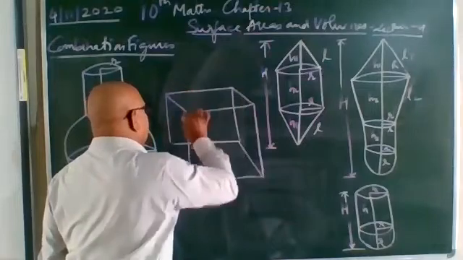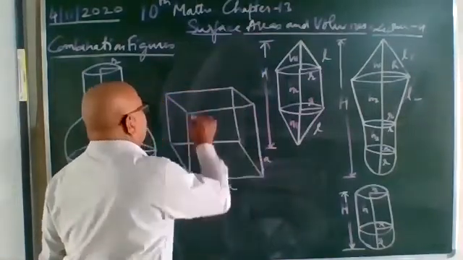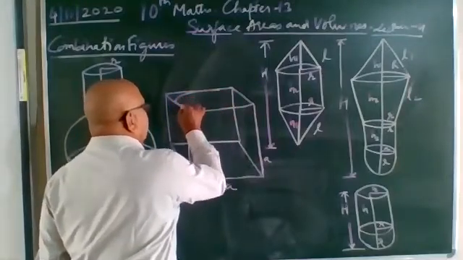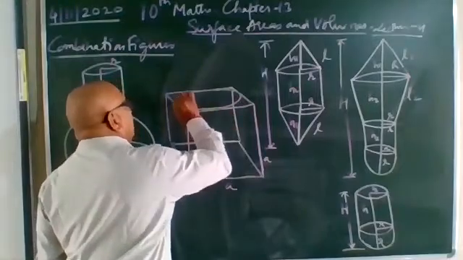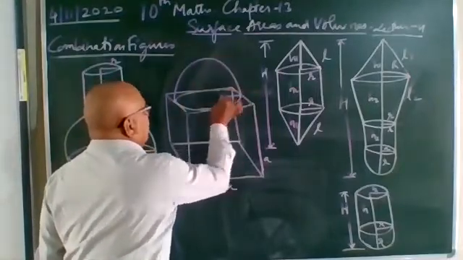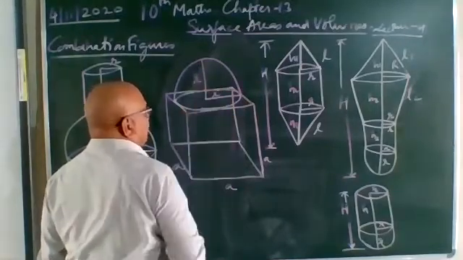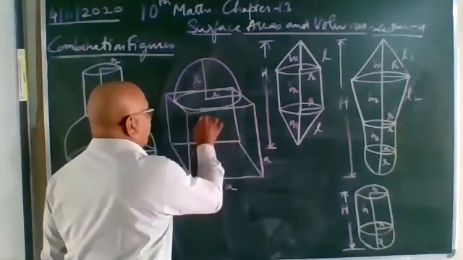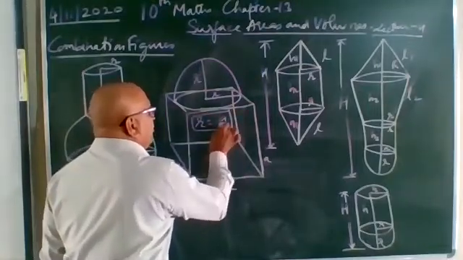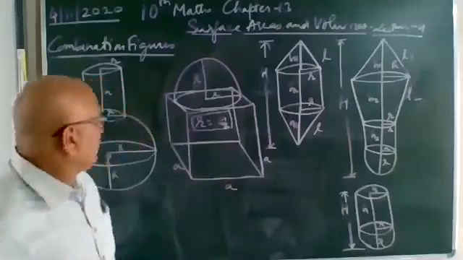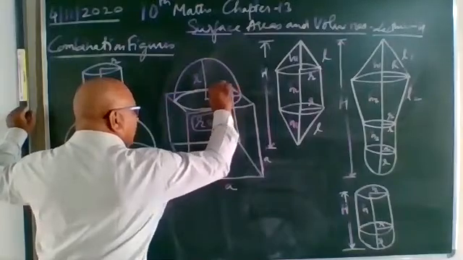When you are making a dome, this is the side, this is the side. But a hemispherical dome you have to make. This is the hemispherical dome. So the radius R will be what? R is a upon 2. This is the maximum you are using here.